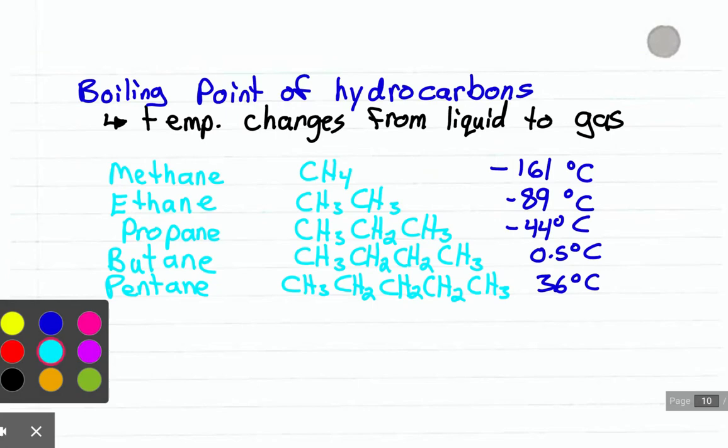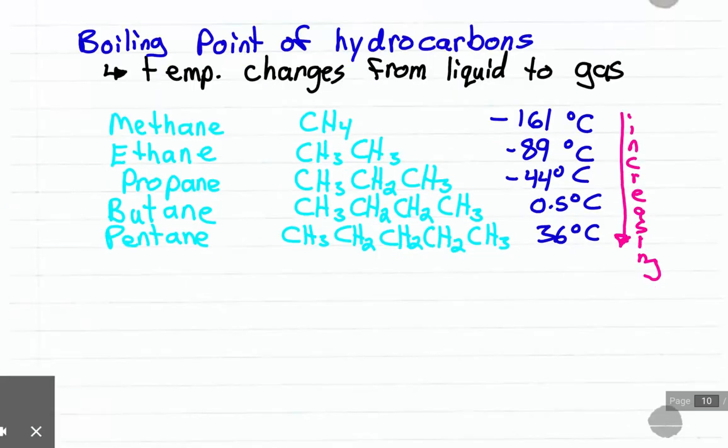Now, we're starting off in the negatives, but it is increasing. So it's increasing because it has a longer chain to make more intermolecular forces. Now, these intermolecular forces actually are the reason behind why substances have other properties.